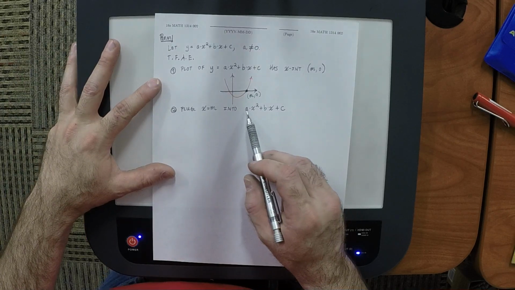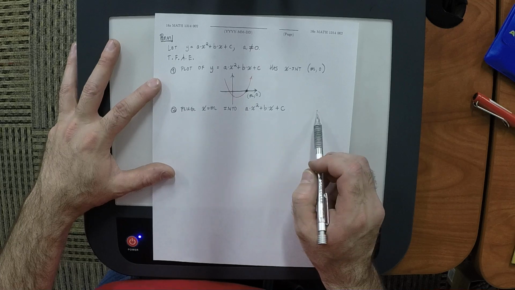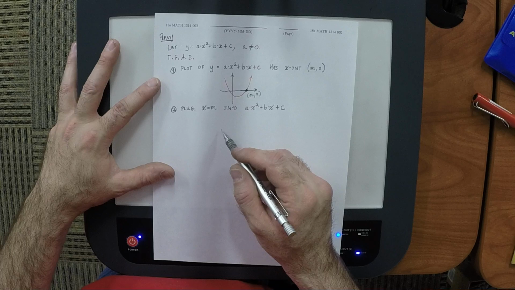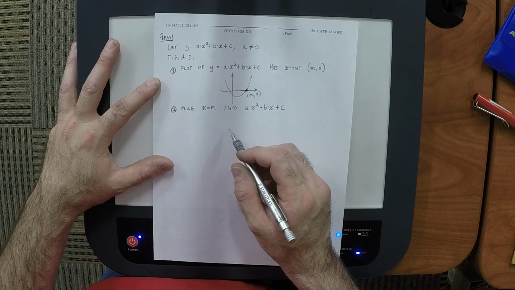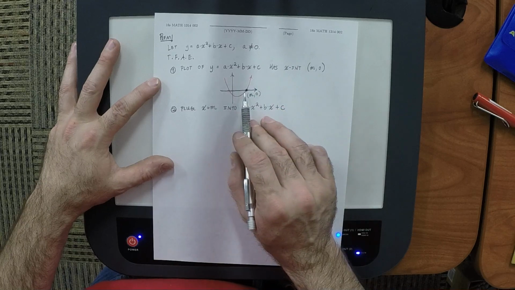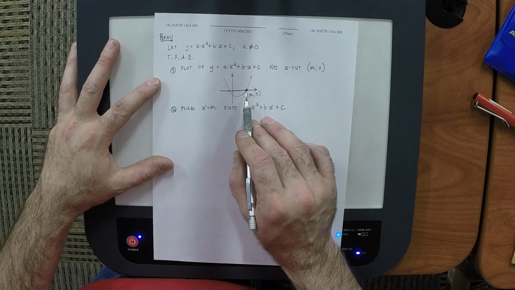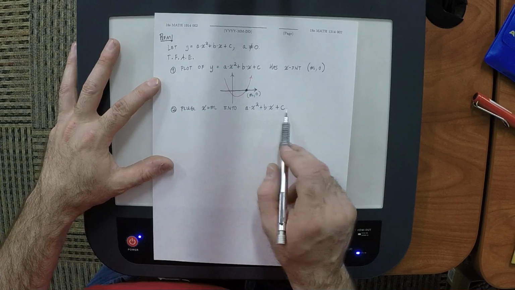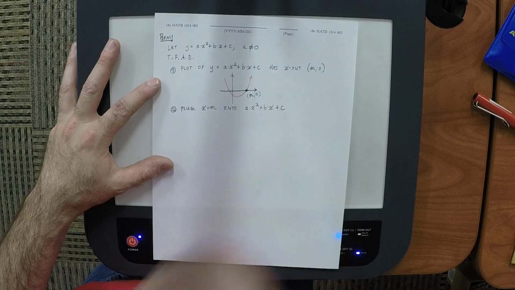Well, on the one hand, you'd get am squared plus bm plus c, right? Of course. But I claim that you can tell me exactly the numerical value. You get 0. Because look at what this picture is saying. When the x value is m, what's the y value? 0. So if you plug x equal to m into that, out will come a 0.